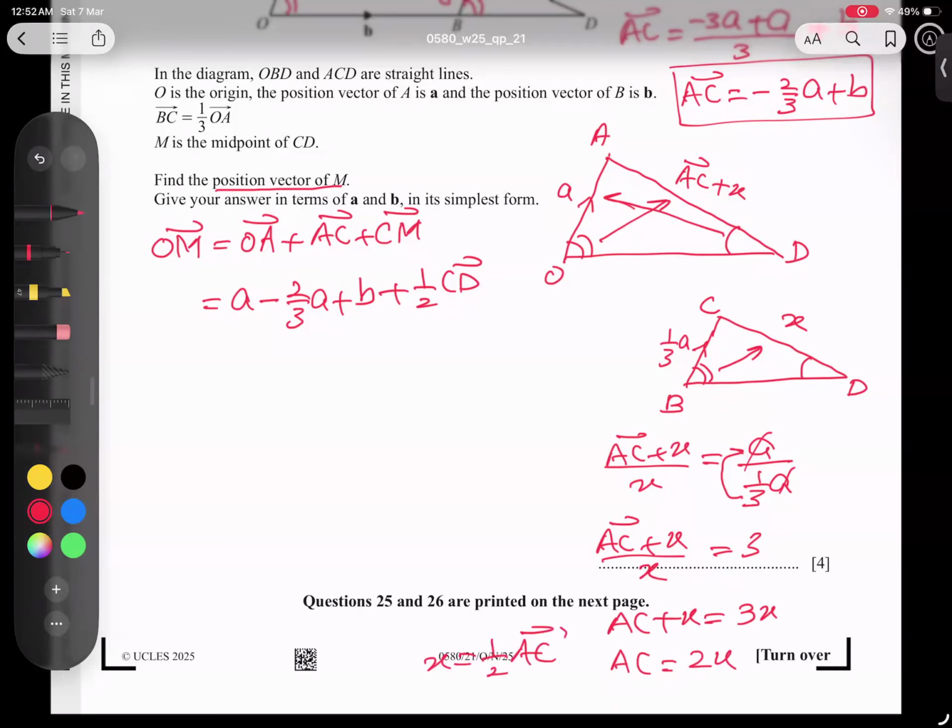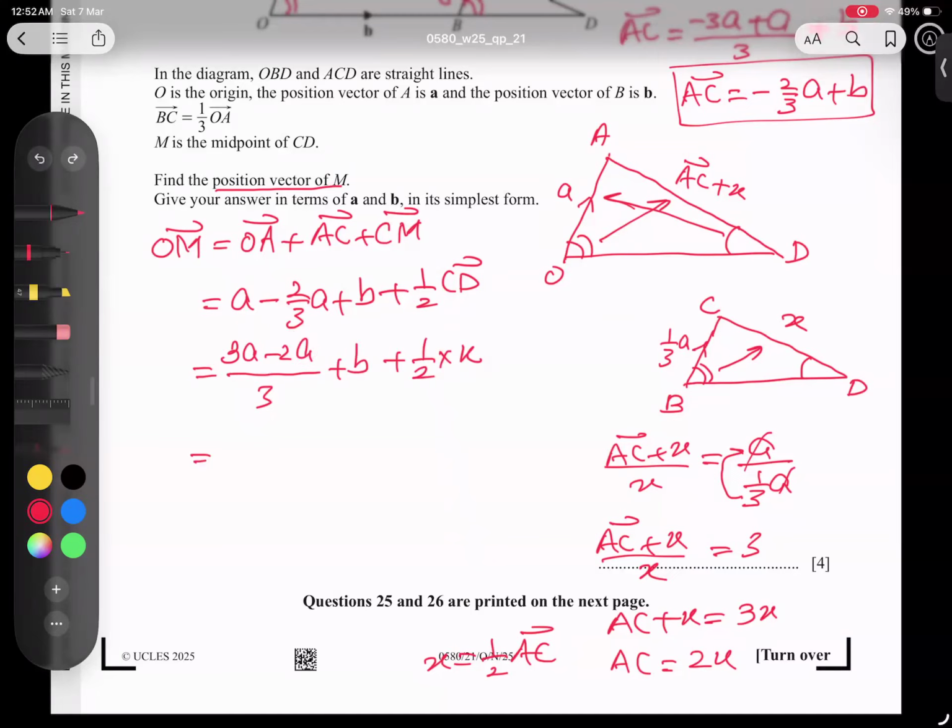Alhamdulillah, I can replace this value, because CD I have taken as X. So this is the X value. First of all, I'm writing this. LCM is 3, and 3 ones the 3 into 3a and negative 2a, b as it is. And here I'm writing X because CD is X. But what is the X value? Half AC.